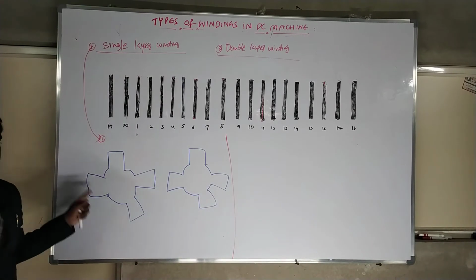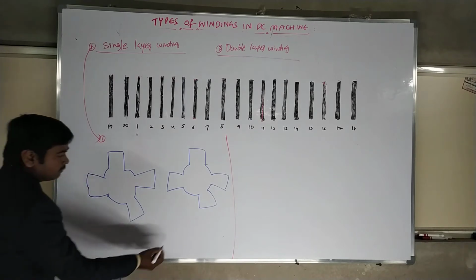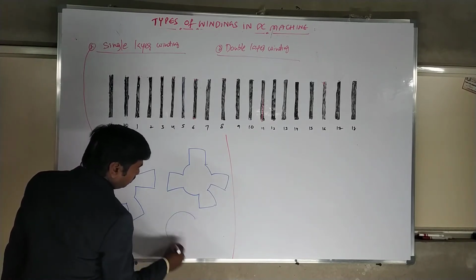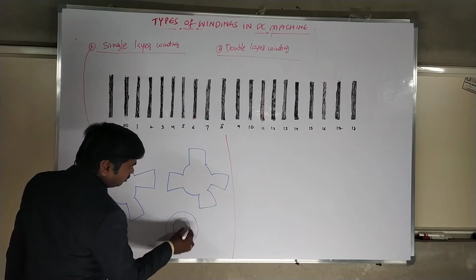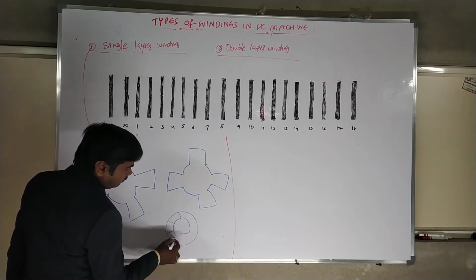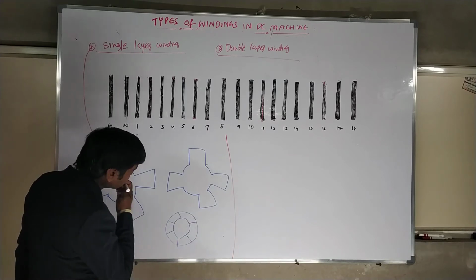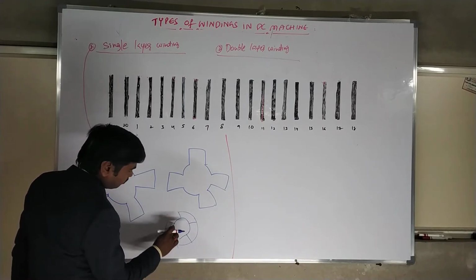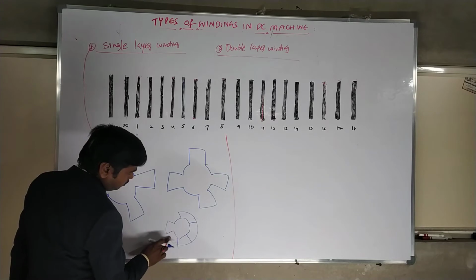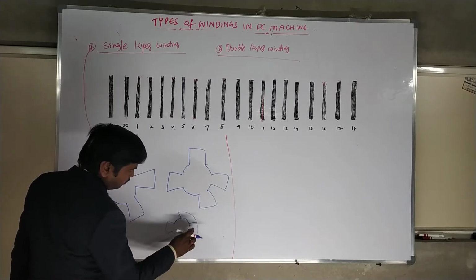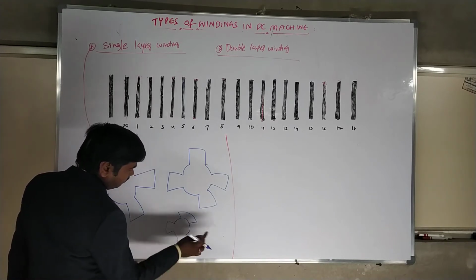These are all the slots. Those who want to understand very clearly can refer to the last class, where I drew how the armature core should be. You can open it one by one and understand easily, one top and one bottom.